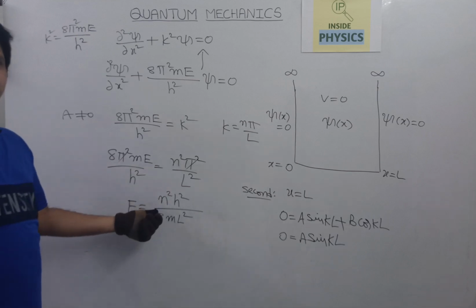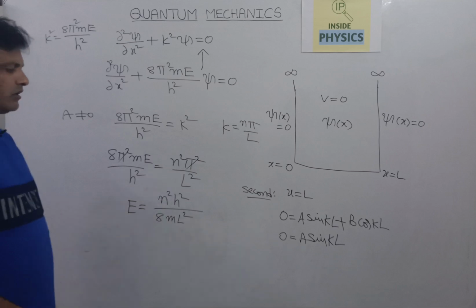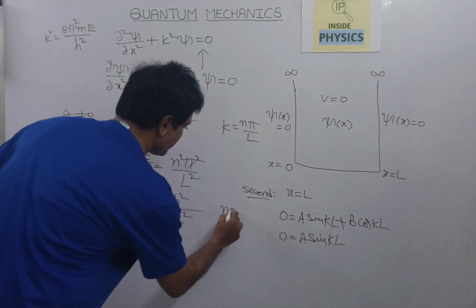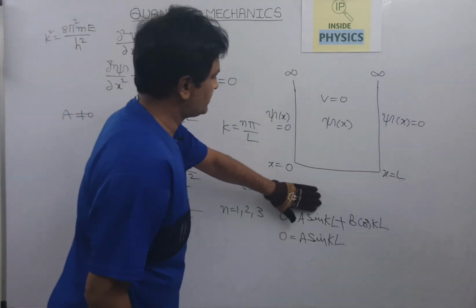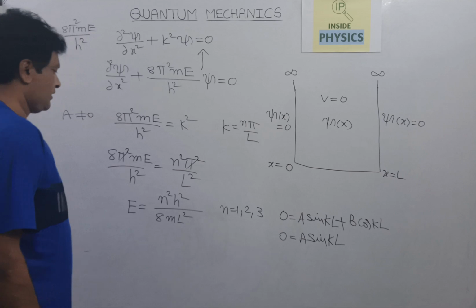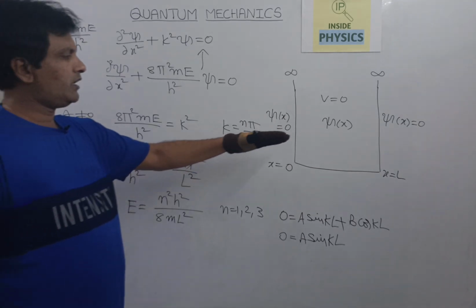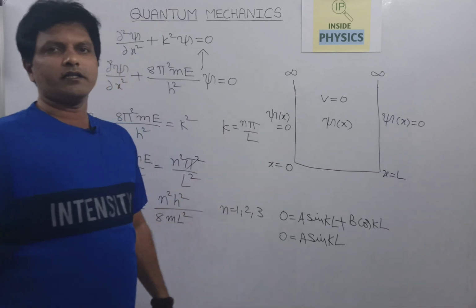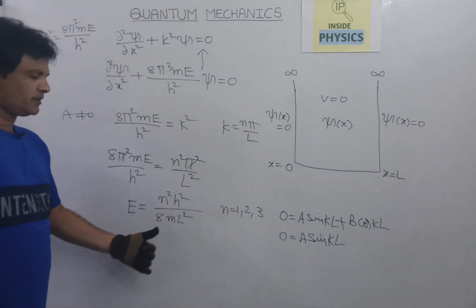This is called the quantum number, and the levels it represents are n is equal to 1, 2, 3 like that. These are the quantum energy levels we call, and with this conclusion we can say the energy levels are quantized. That is what we observed from this equation.